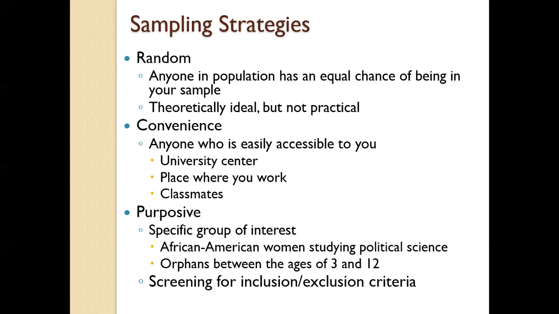It's not feasible. So, for instance, if we are saying all undergraduate students, we are assuming that those are the students who attend classes at night as well as in the day. It may not be feasible for students who attend school just at night to show up for a research experiment in the daytime.